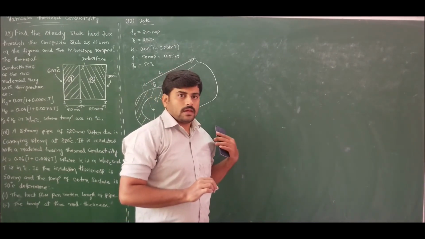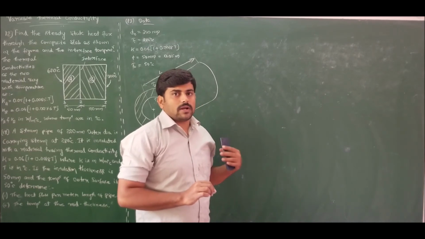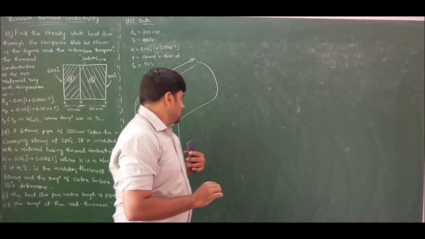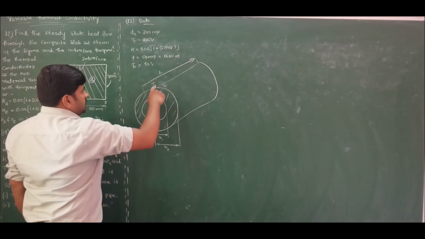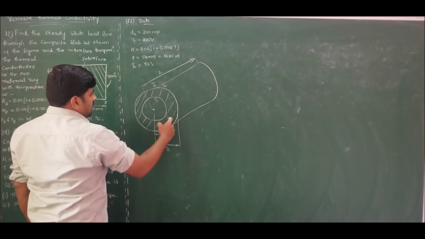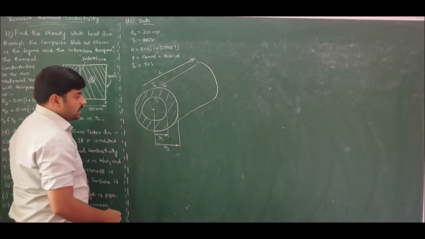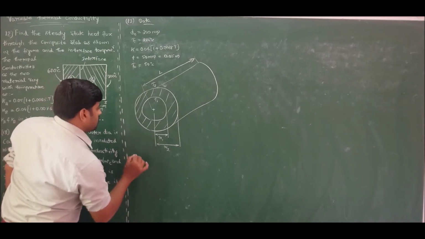Whereas for variable thermal conductivity, you should know the temperatures at all the salient points. Then only you can solve for heat flow. Now I know the temperatures at the points T1 and T3. I am calling this T3 because in case 2 he is asking us to calculate the temperature at the exact center, mid thickness. That we will calculate later. First we will calculate the heat flow for the given problem.